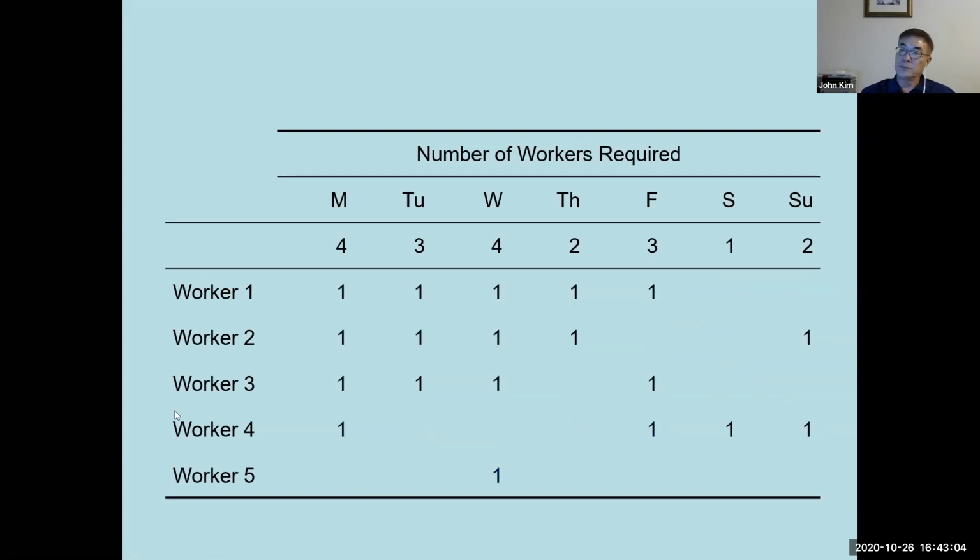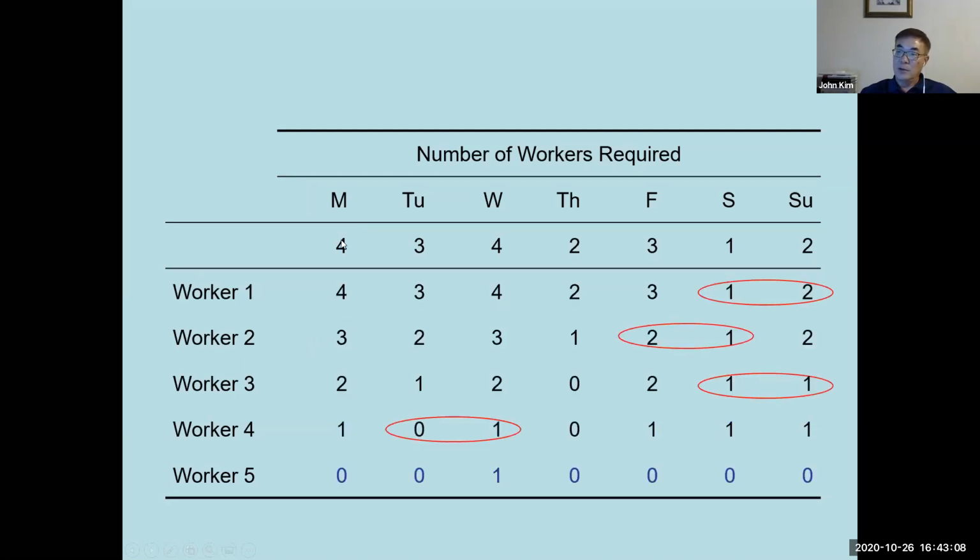So here on Monday, workers 1, 2, 3, 4 are assigned. On Tuesday, workers 1, 2, 3 are assigned. Wednesday, workers 1, 2, 3, and 5 are assigned. On Thursday, worker 1 and worker 2 are assigned.